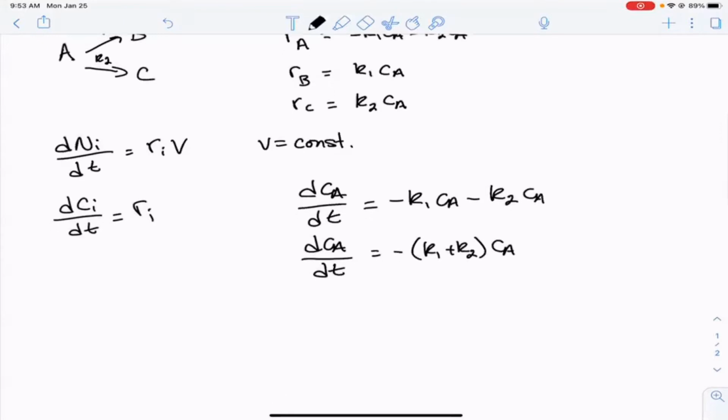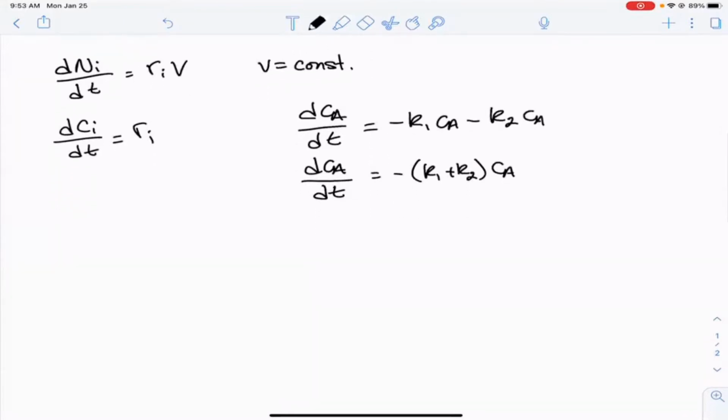If we went to solve this, I think that would be relatively straightforward, because we've already solved this problem before, where dCA/dt was equal to minus some constant times CA. So this is the same problem, except instead of having just K1, as we did for A goes to B, we have K1 plus K2.